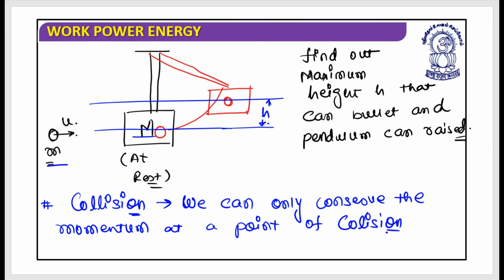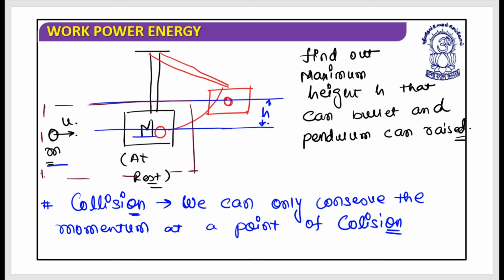We are not going to conserve kinetic energy here. We cannot say that kinetic energy is going to be conserved. Can you? No. Why? Because you don't know which kind of collision it is. I hope this is clear. So now first what I need to do is apply conservation of momentum at this boundary. Let's suppose at this.